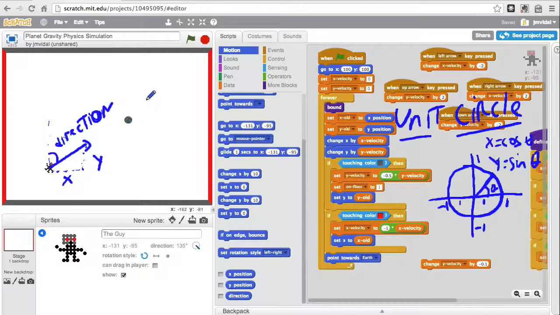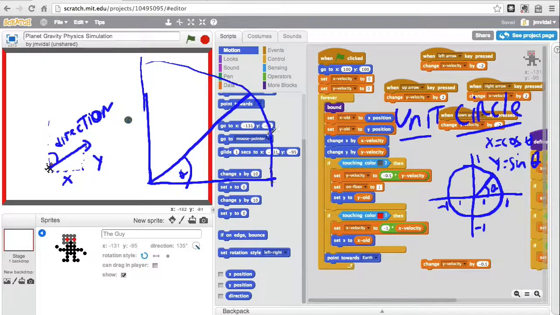So to draw it over here bigger, because I ran out of space, we have this unit circle, this angle theta, this point here, x, y, is given by cosine theta, sine theta. The cosine and sine are two mathematical functions, which are defined for us in every programming language.